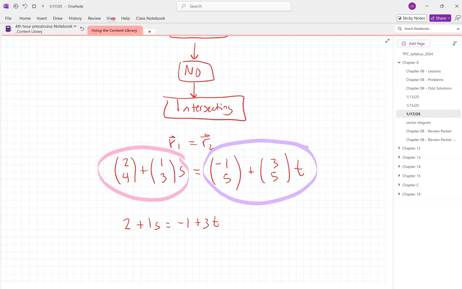And 4 plus 3s equals 5 plus 5t. Is everybody okay with how I changed that from a vector equation to a system of equations?